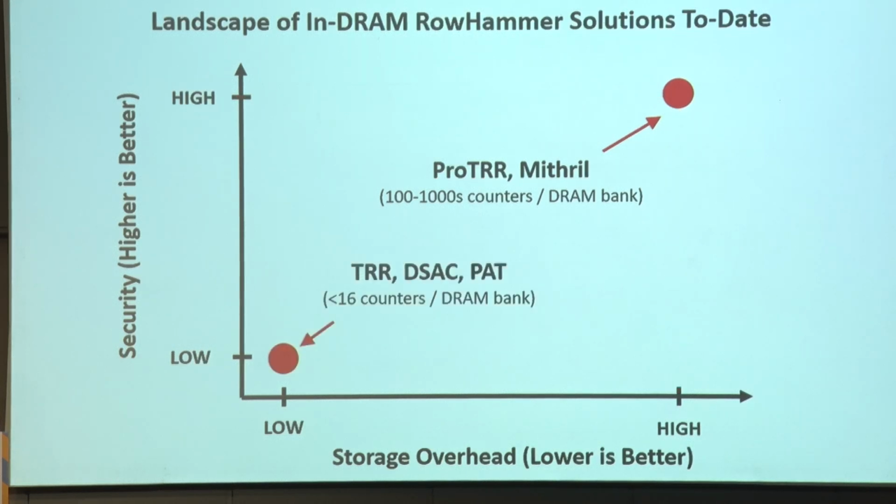On the other hand, we have the DRAM vendor solutions like TRR, DSAC, and PAT. These require only a handful of counters. Unfortunately, attacks such as Trespass and Blacksmith, which exploited the access pattern dependency of these trackers, defeated them. Our goal is to maintain the low cost of existing in-DRAM trackers, but provide high security.